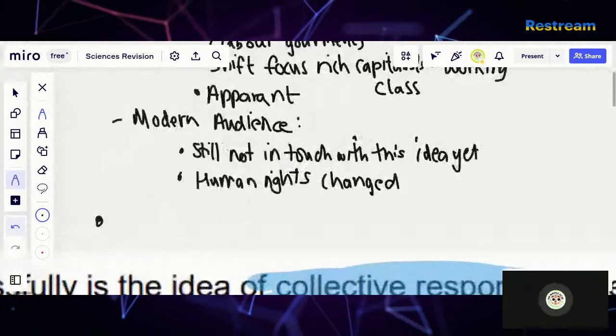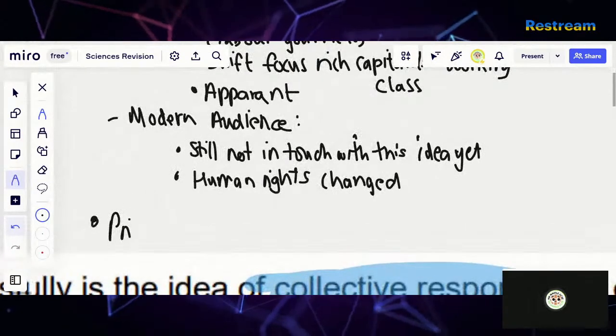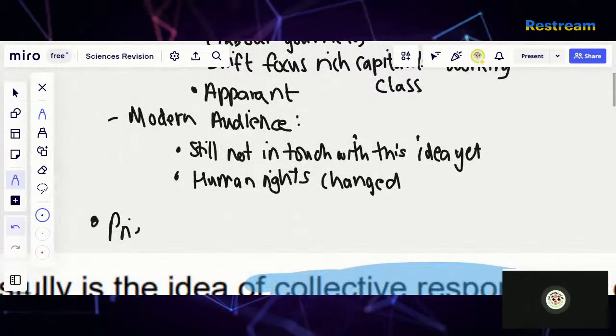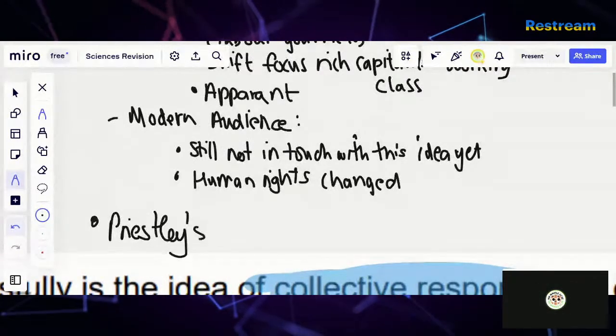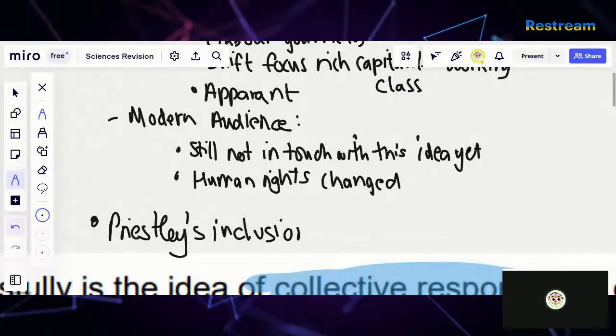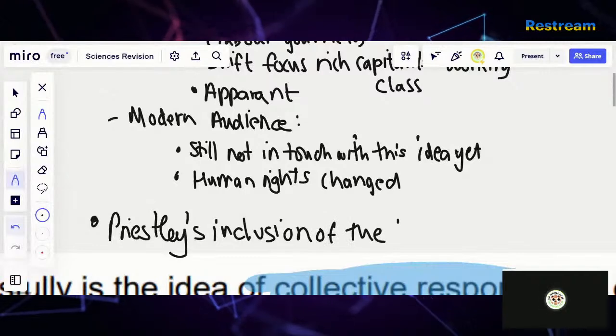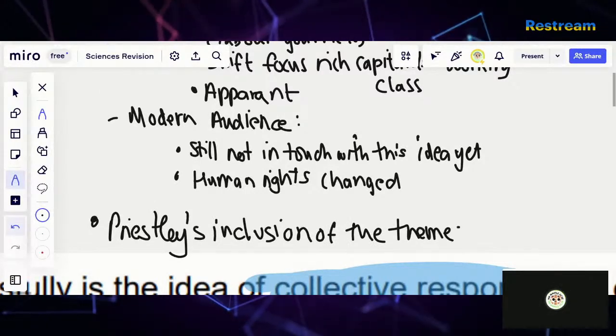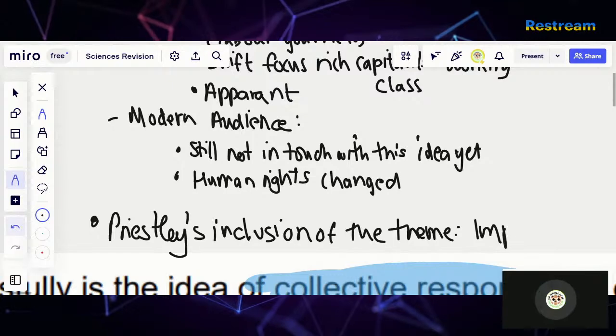So how important is Priestley's inclusion of the theme? He suggests it's very important.